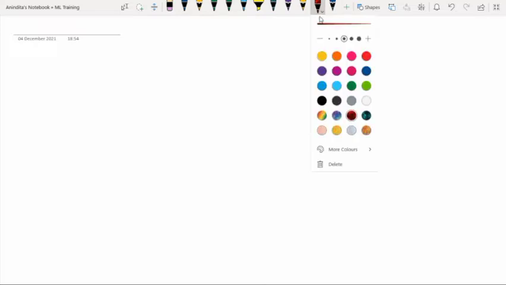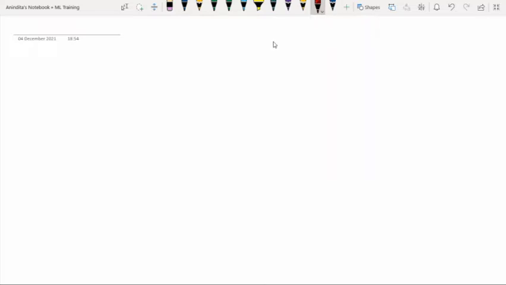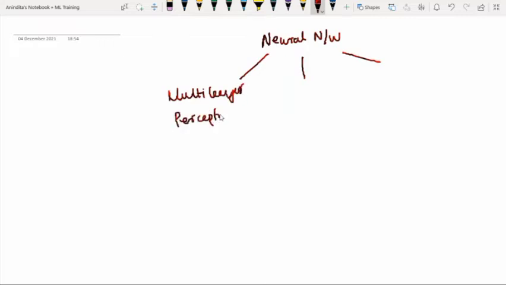So what is the meaning? I am giving you a very small chart, and I am giving this chart from my experience. Whenever we are talking about neural networks, we have many kinds, say, the multi-layer perceptron that we were talking about. Then we have the convolutional neural network, known as CNN.